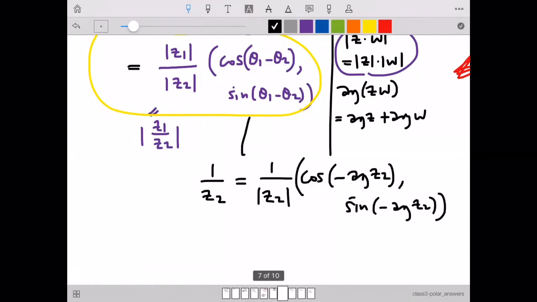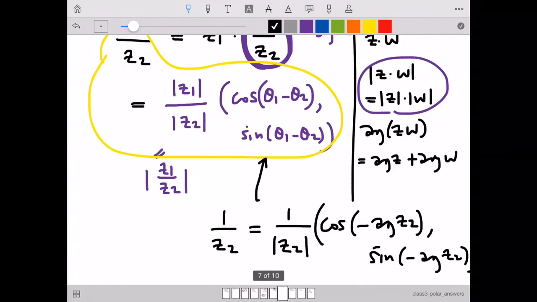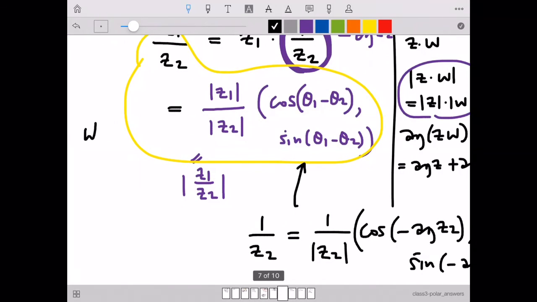So that's why this is true, where theta i is an arg of zi.